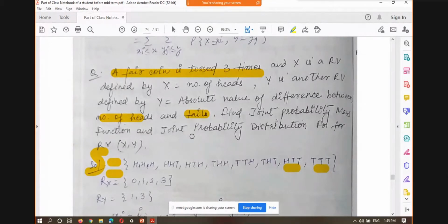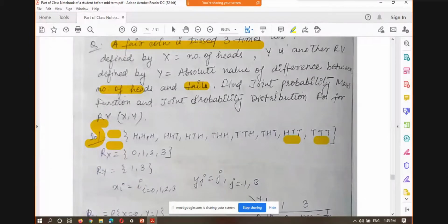On these outcomes, we define the value of x. This event is going to 3 because it has 3 heads, the number of heads. Now this event has 2 heads, so this is going to 2. This is also going to 2, and this is also going to 2.